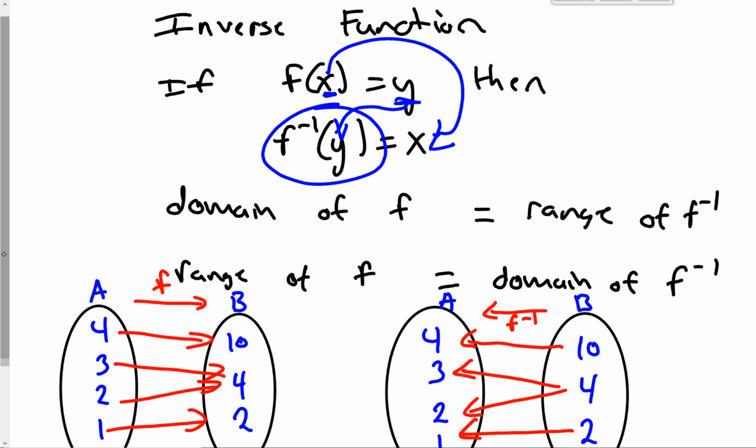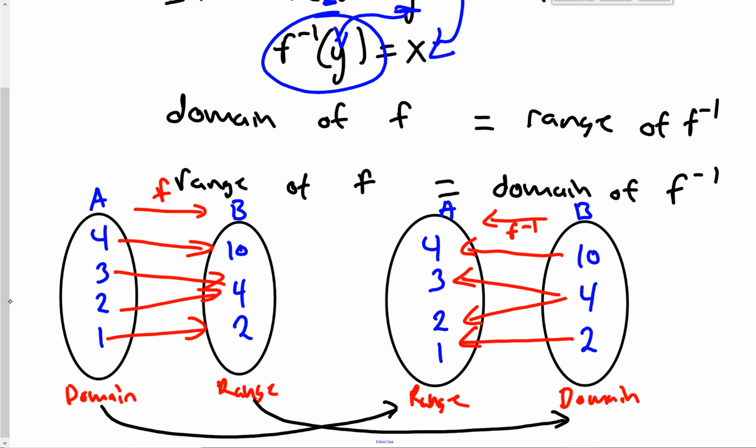You can see from here, here's my domain, 4, 3, 2, 1, and it goes to these numbers. Coming backwards, my B's, my range, becomes my domain, and my domain becomes my range, my receiving. And so we can see that switch with inverses.